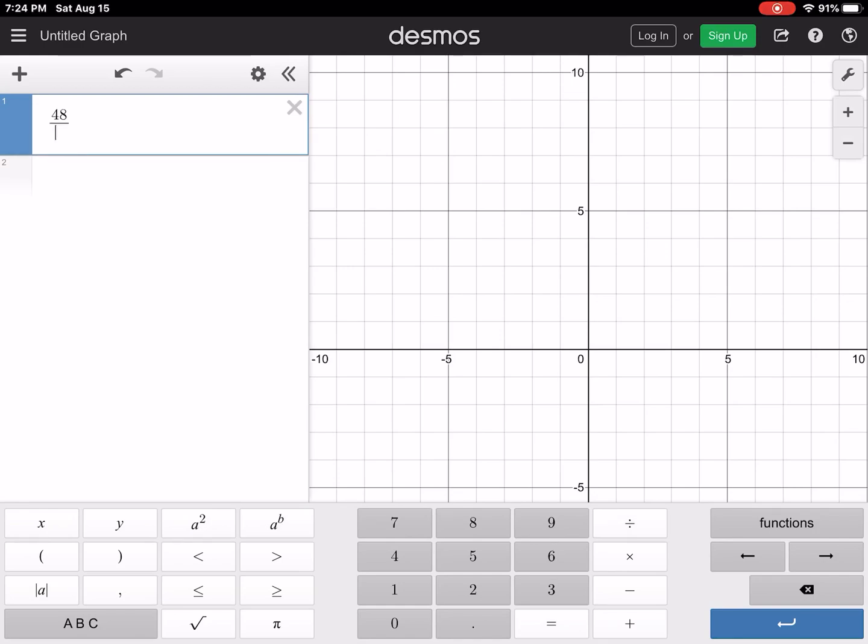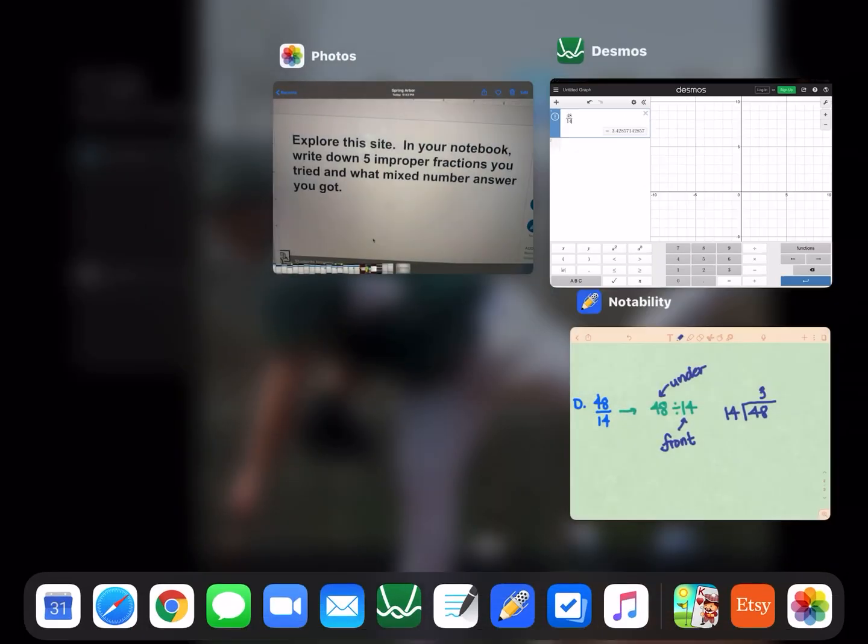So if I did 48 divided by 14, you can see on here, it gives me like 3.4, yada, yada, yada. So whatever number's in front of the decimal point is how many times it'll go in without going over. So we know in this case that it will go in there 3 times. So don't be afraid to use Desmos or a calculator if you're getting bigger numbers and you just want to verify or check that you're in the right ballpark.